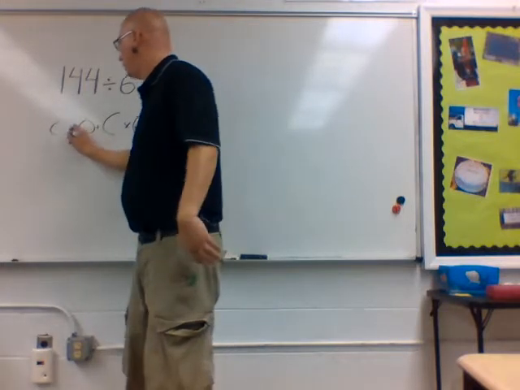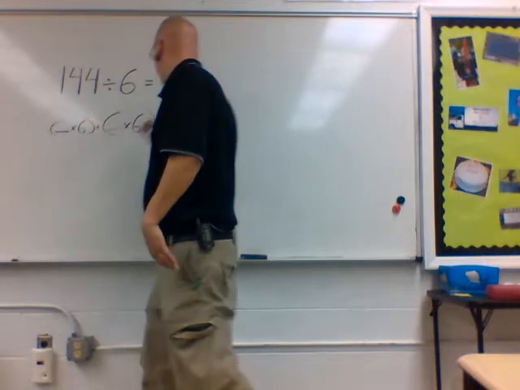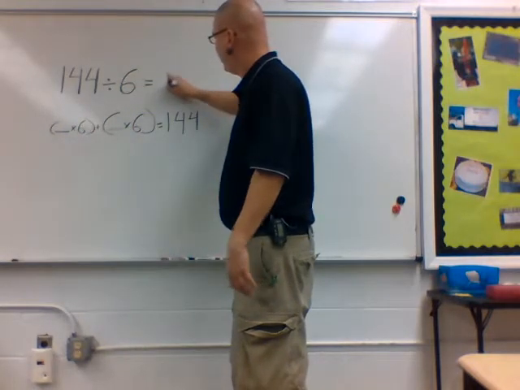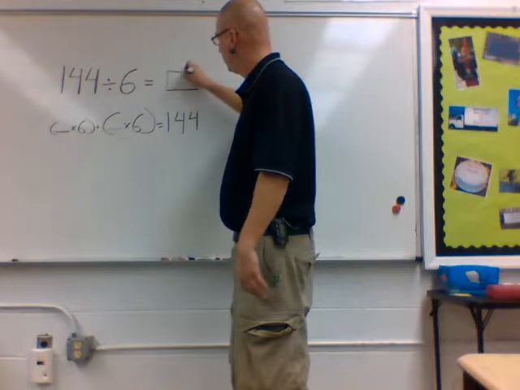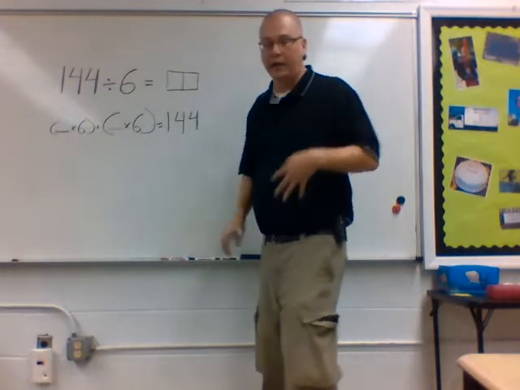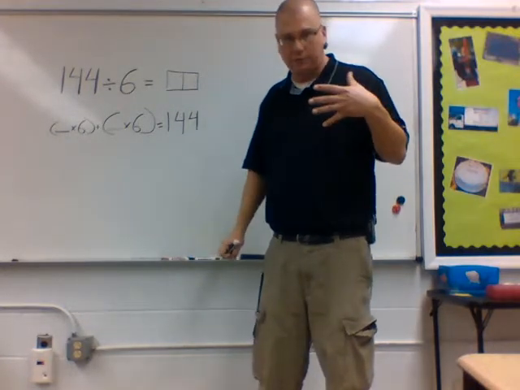I need to figure out what this number is and what this number is, so I can put the first number in my tens place and the second number in my ones place.